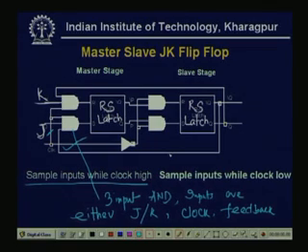So, when one is operating, another is latched, and that is why the first one is called the master stage. This is a master flip flop. So this latch is the master and this latch is the slave.